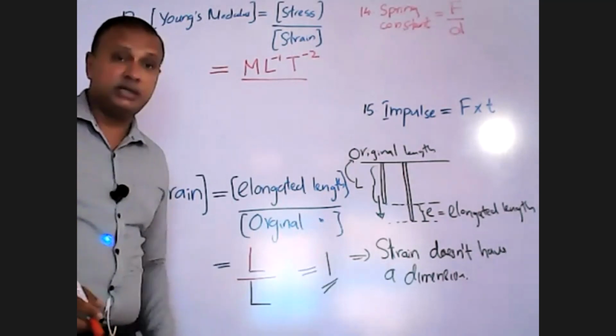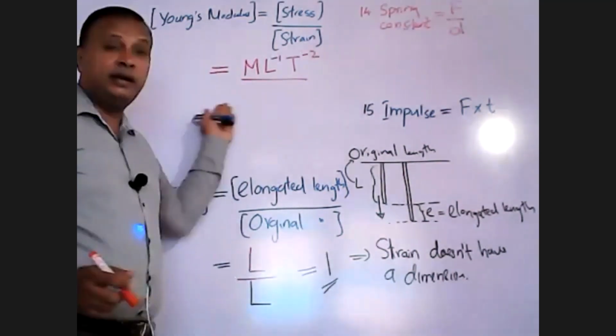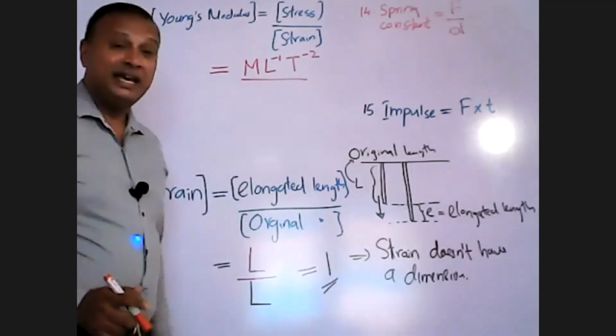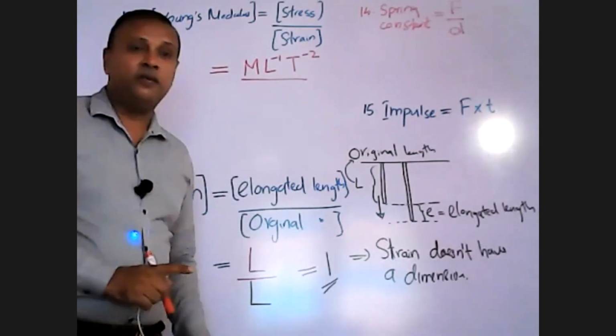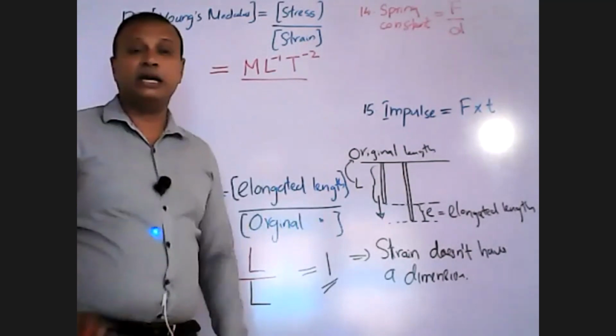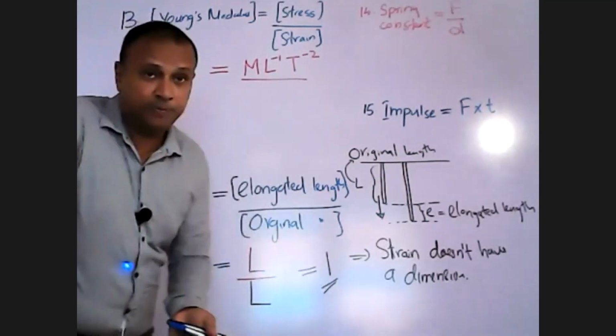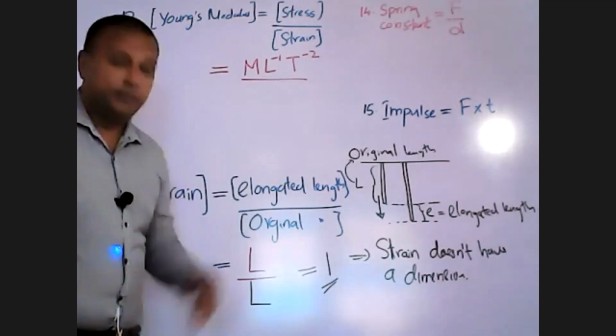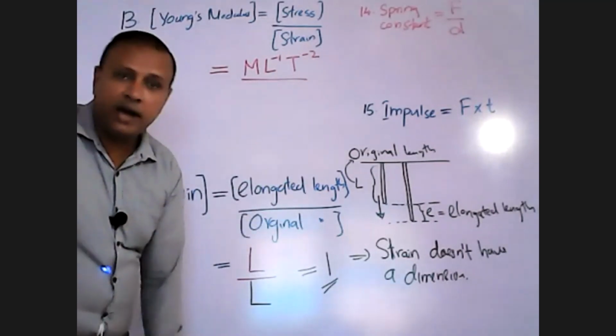Strain doesn't have a dimension, so we cannot write that in this one. If any physical quantity does not have a dimension, we can equal its dimension to 1.